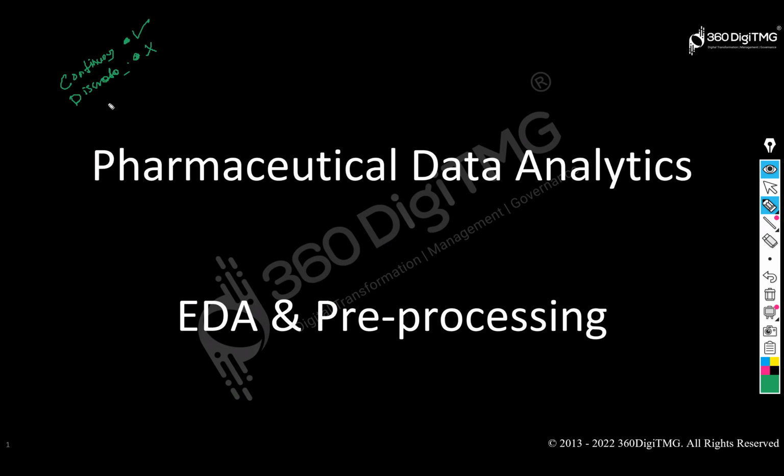In discrete, we encountered categorical and count. Categorical data has binary class, two classes, and multi-class. Count data is also discrete data. Binary class has two classes; multi-class might be 10 to 15 classes.